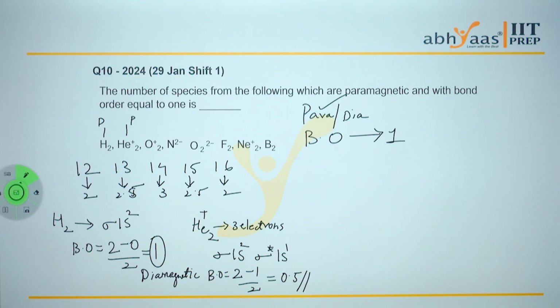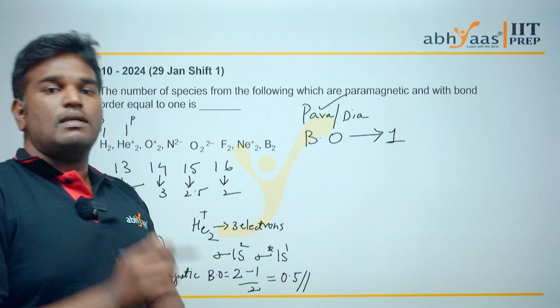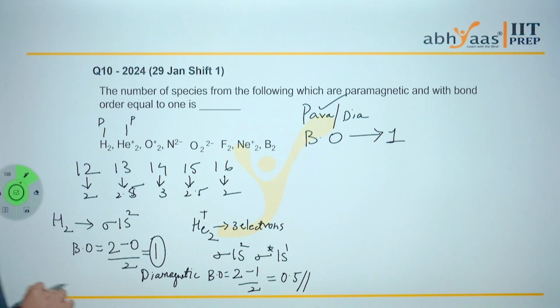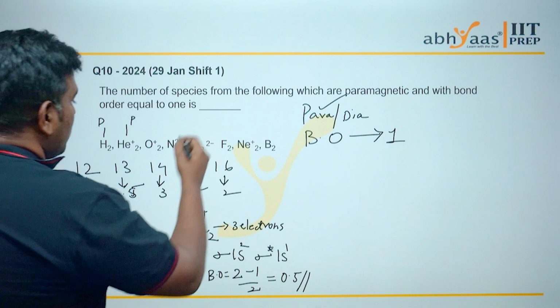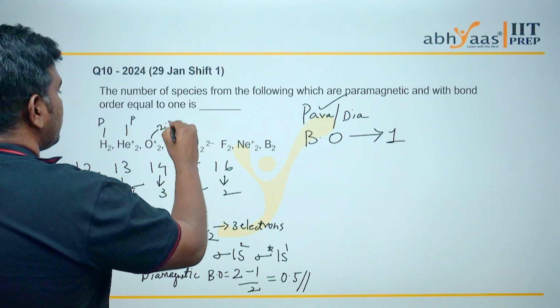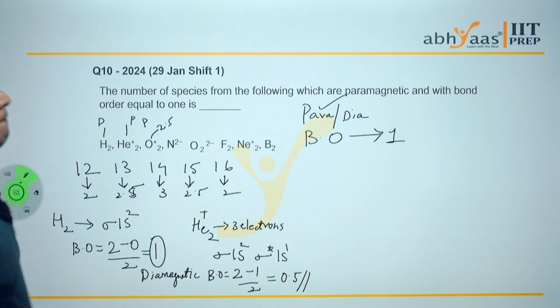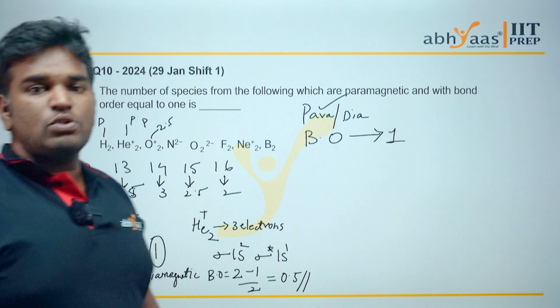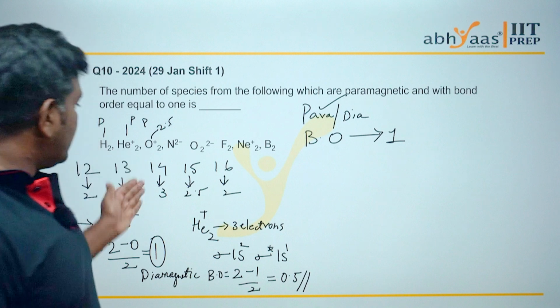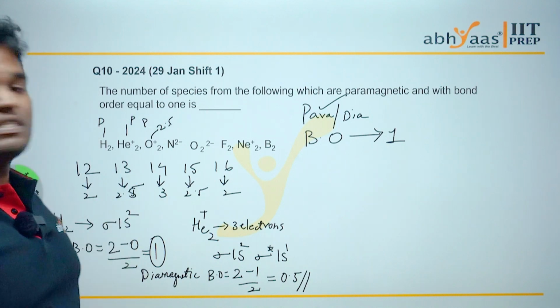O2 plus means we will have 16 electrons minus 1, so 15 electrons. For 15 electrons we know the bond order is 2.5, which means it will be paramagnetic. Now for N2 minus, it is 14 electrons plus 2, that is 16 electrons.